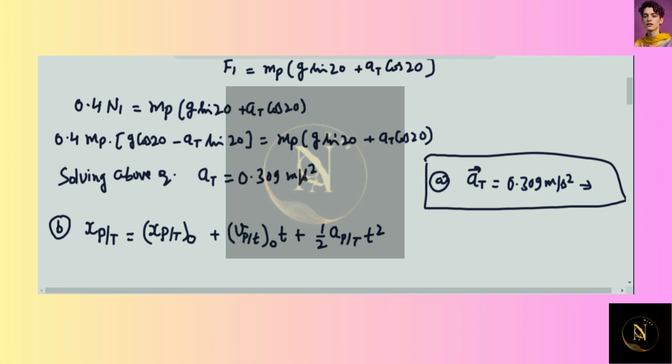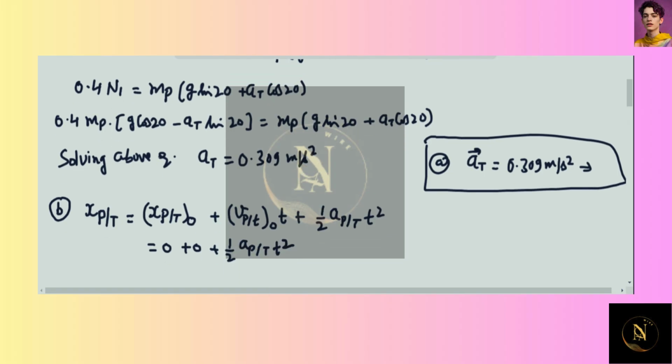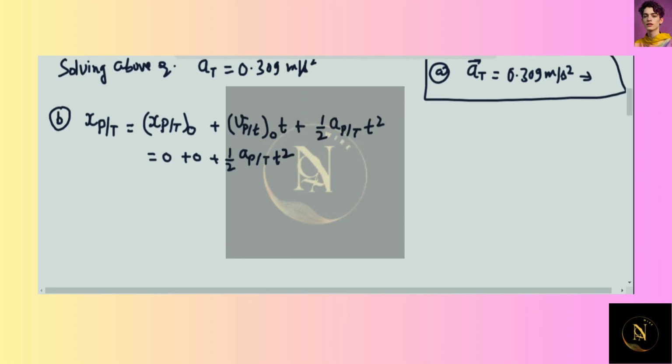This value is given 0, this is also 0. So acceleration of ply with respect to truck you will get twice of x pt upon t square.